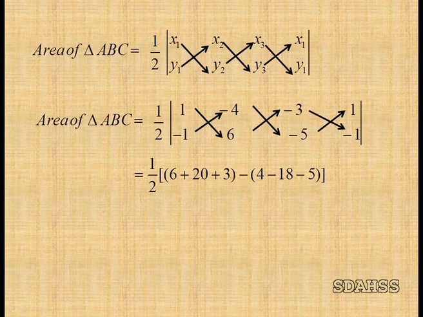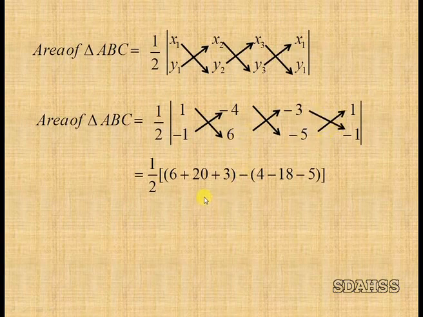Then you put a minus sign and cross multiply this side: minus into minus plus 1 into 4 is 4, plus into minus minus 6 threes are 18, plus into minus, minus 5 into 1 is 5. First you have to multiply up to down, 1 into 6, minus 4 into minus 5, minus 3 into minus 1, and afterwards you multiply this side.